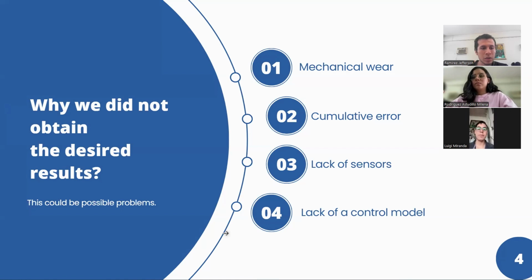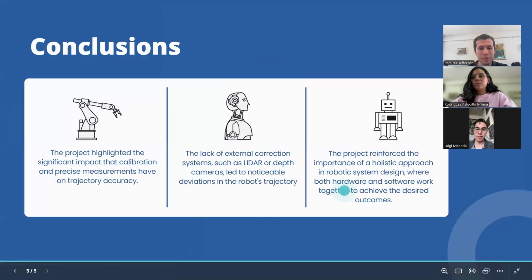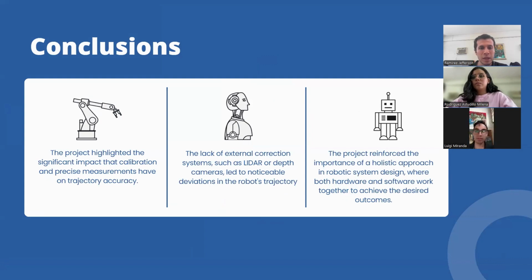For the key conclusions, we know that precision and calibration are a crucial factor for the reliability of the dynamics in the real world. For the limitations of odometry, we can integrate external sensors like LiDAR and cameras to improve the robot's deviation in the real world.